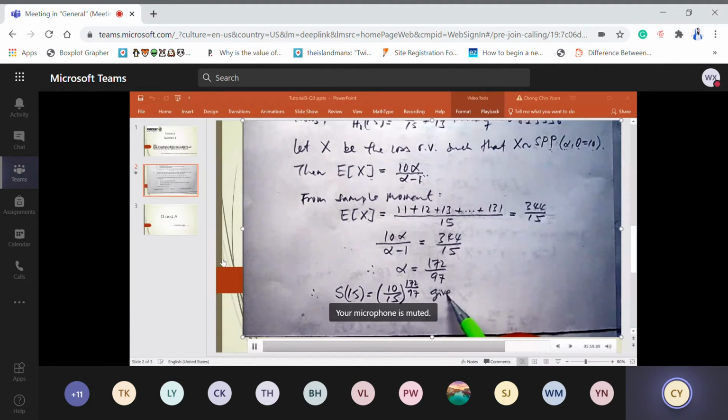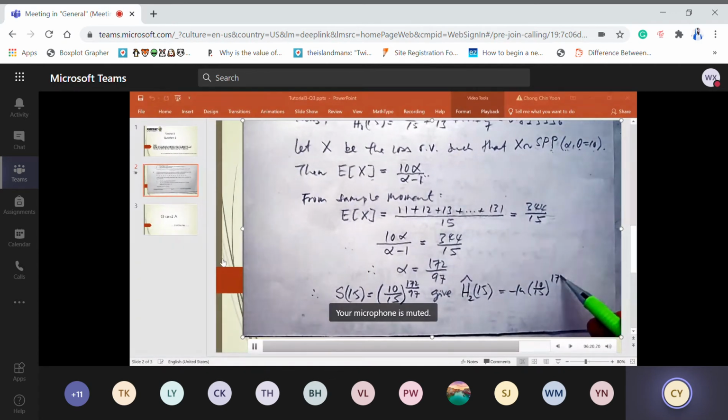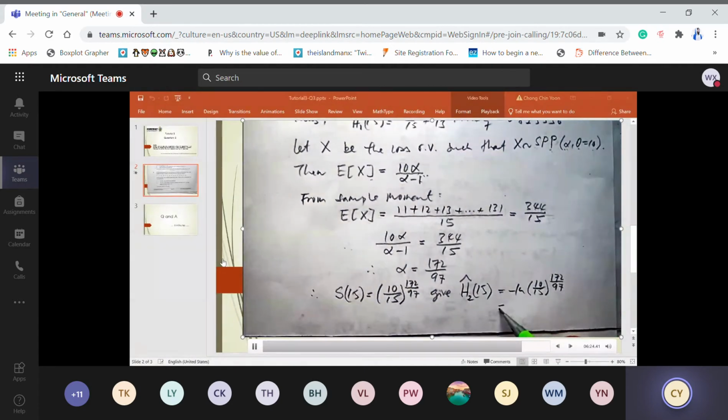And this will give the cumulative hazard rate at 15 under single parameter Pareto, we name it H2, and this will be equal to negative log survival, that is 10 over 15 to the power of 172 over 97, and this will give me 0.71897.